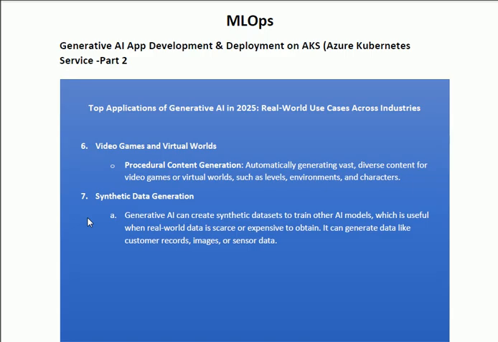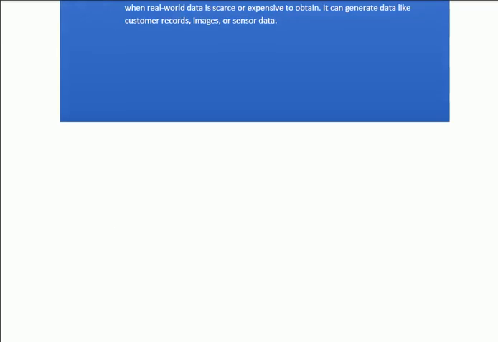And the seventh is data generation, synthetic data generation. Generative AI can create synthetic datasets to train other AI models, which is useful when real world data is scarce or expensive to obtain. It means that in all walks of life we can create applications by using different generative AI models.